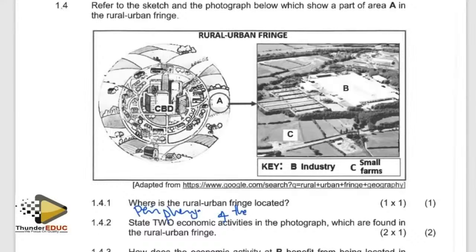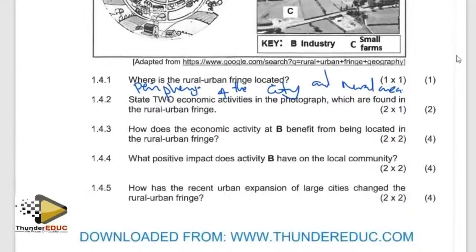The periphery of the urban areas and rural areas. Okay, that's where it can be located.